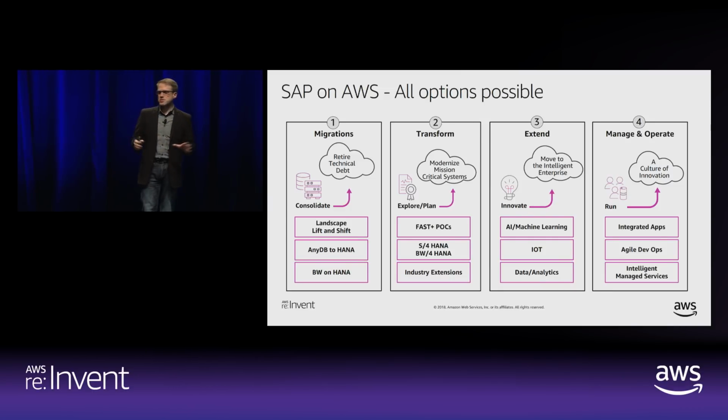So everything is possible today, right? There are really no barriers to migrating large systems to AWS, whether that's non-HANA or HANA. Customers are transforming their businesses, moving to new SAP solutions like S4, or very large, distributed, complex ECC deployments.